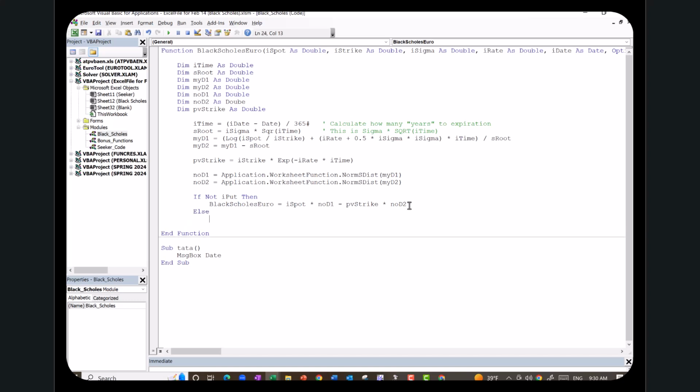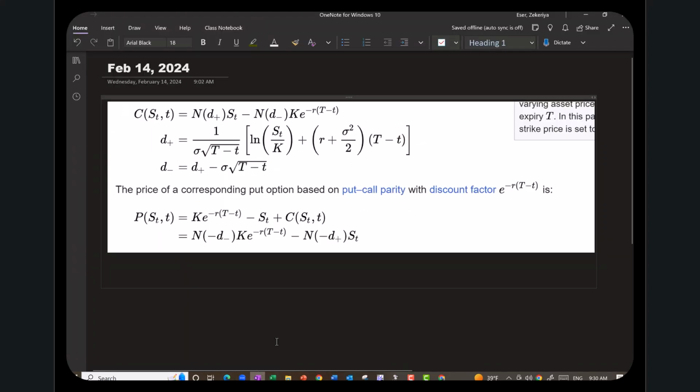Else, we're dealing with a put option. The only difference is I now need N of minus d2 and N of minus d1. Thankfully, the normal distribution is symmetrical, so I don't have to calculate them separately.